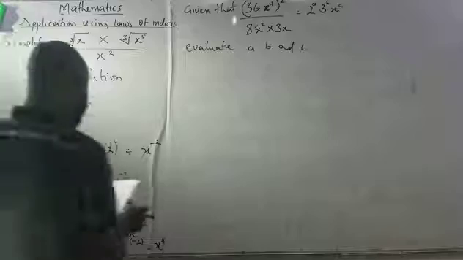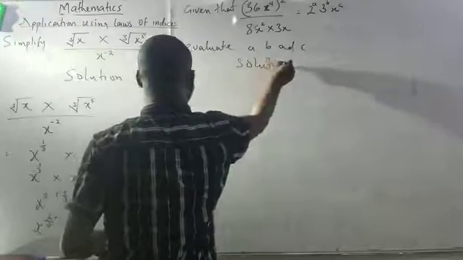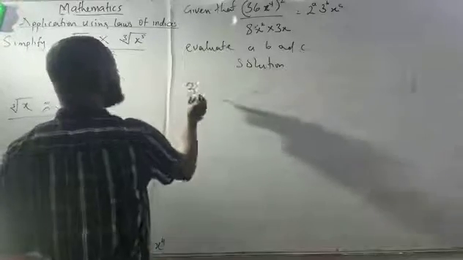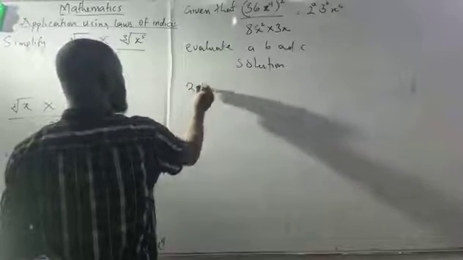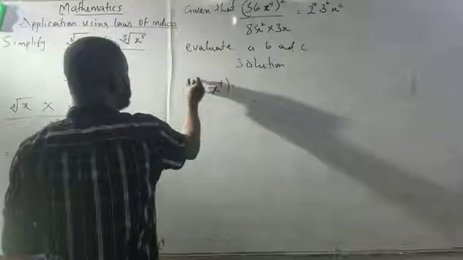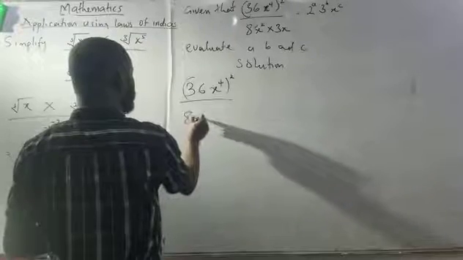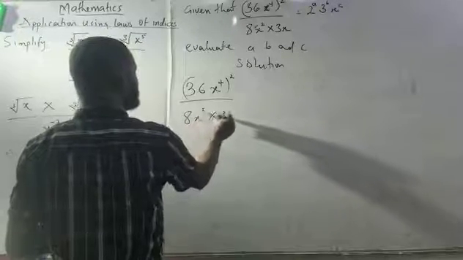Now, how do I solve this problem? The first thing is the solution to this question. It's a very simple one. Note that I have 36 x raised to the power 4, divided by 8 raised to the power x and 3x.